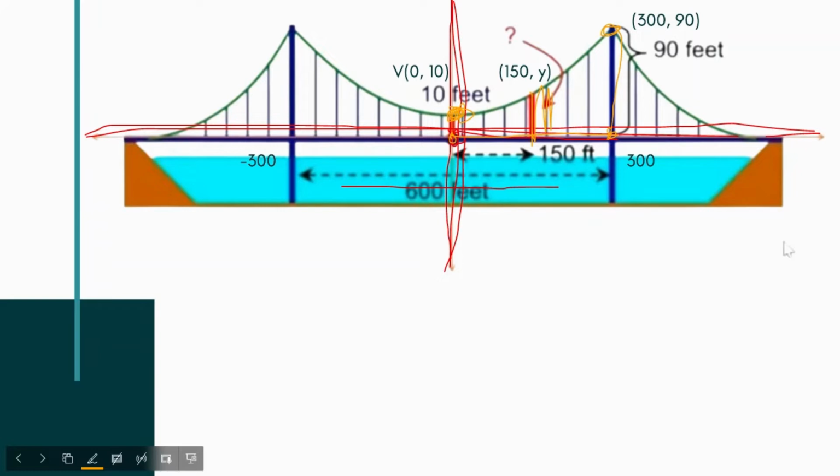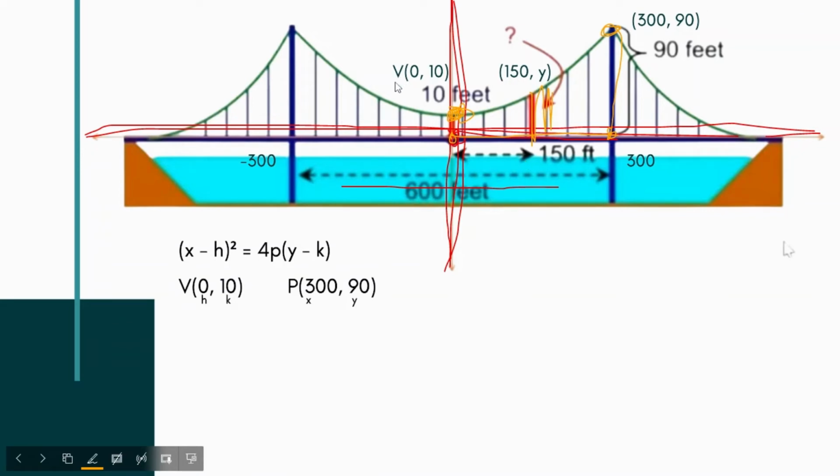Since this is a parabola that opens upward, it is in the form (x minus h) squared equals 4p times (y minus k). We will solve for p, and we need our vertex and a point. The vertex will serve as our h and k, and the point as our x and y.